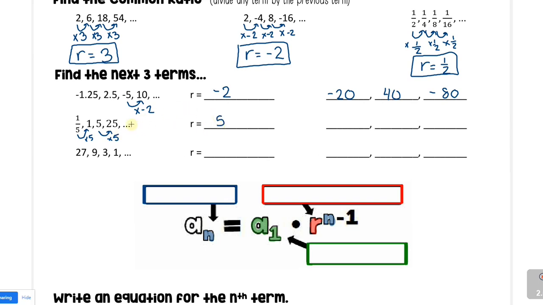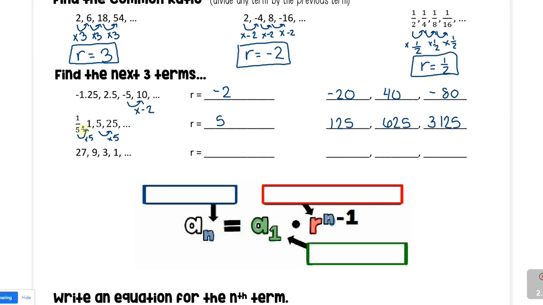Now continue the pattern. 25 times 5 gives us our next term of 125. Multiply by our ratio of 5, and we get 625. Multiply by our common ratio of 5, and we get 3125.